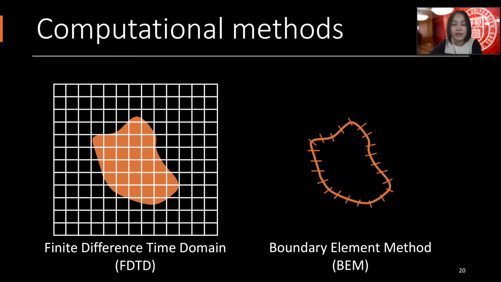Different computational methods can be used to solve the scattering problems. Compared to other numerical methods such as the finite difference time domain method, the boundary element method only needs to discretize the boundary of the fiber cross-section, which has lower complexity, lower memory cost, and higher efficiency. So we apply the boundary element method to solve our problem.